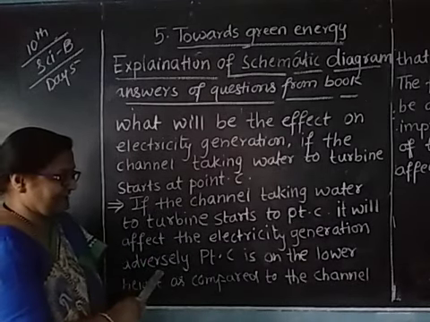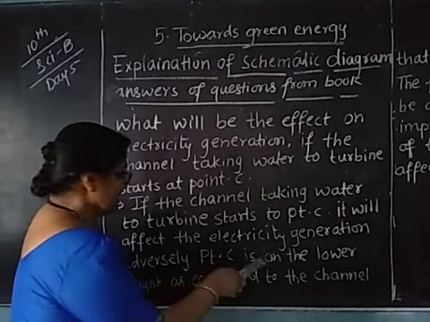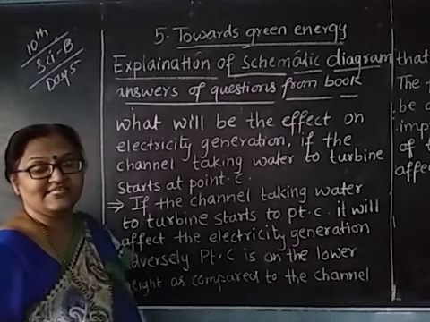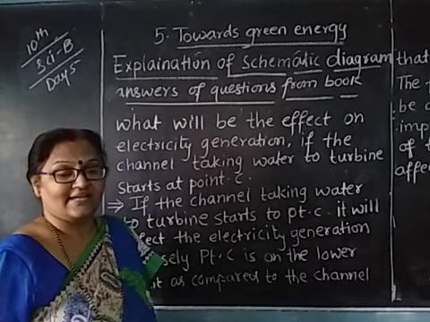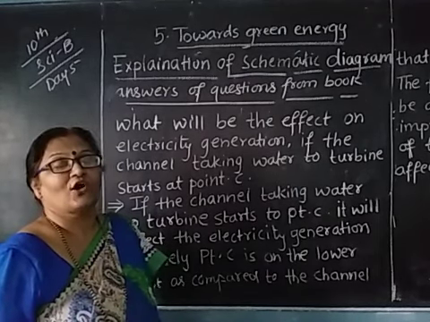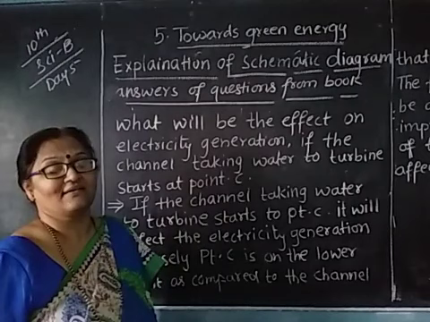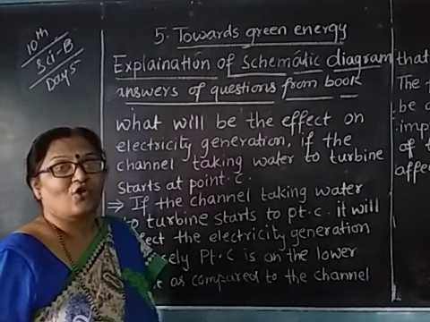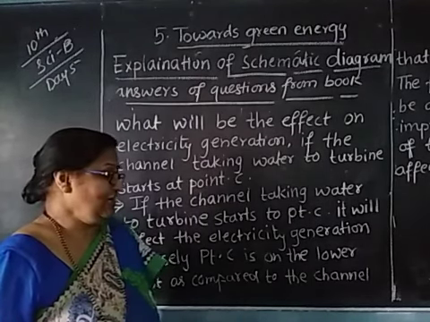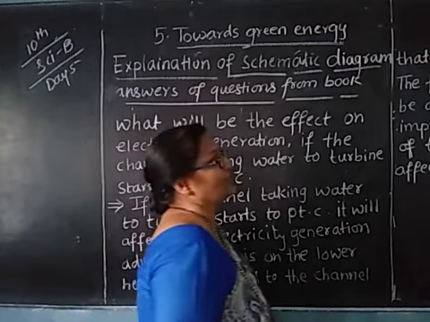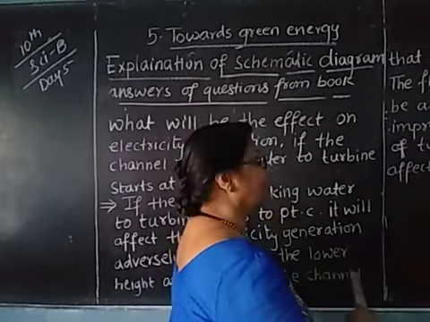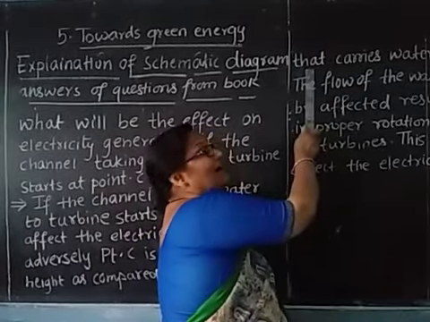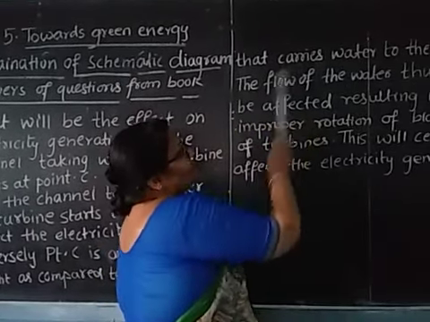Adversely it is affected. Point C is at a lower height. We see that point C is on the lower side, and we know that the water has to fall with greater speed from a higher level to a lower level. That carries the water to the turbine. We know that this channel is carrying the water to the turbine.